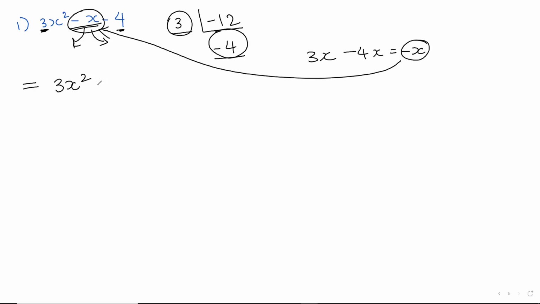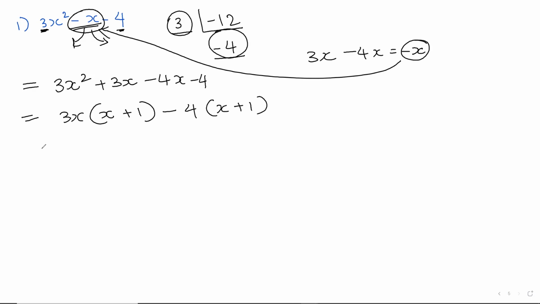So plus 3x minus 4x minus 4, and then from here it becomes really easy because you just take 3x as common, and what are you left with? x plus 1. Then over here you take minus 4 as common, and what are you left with? x plus 1. So essentially you have 3x minus 4, and in the bracket you have x plus 1.